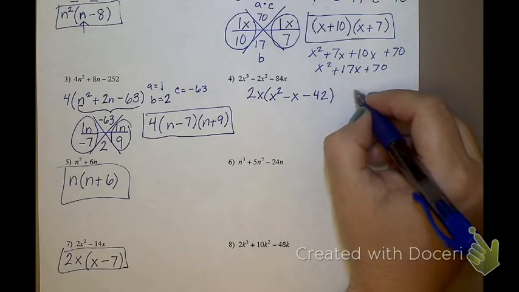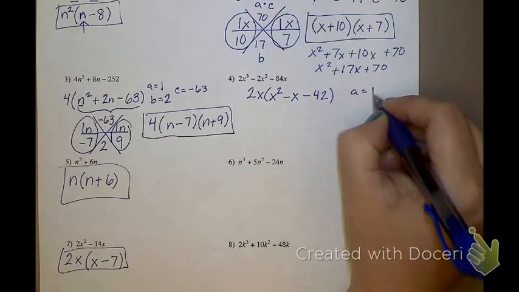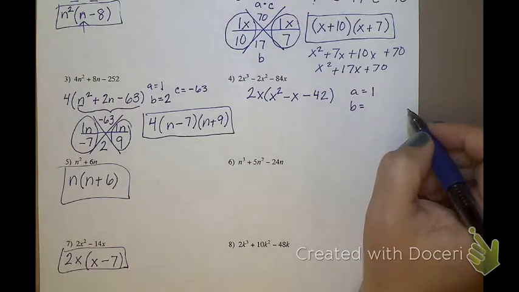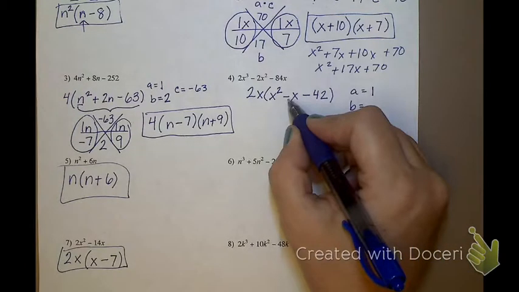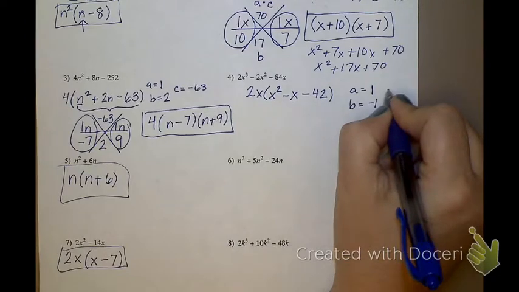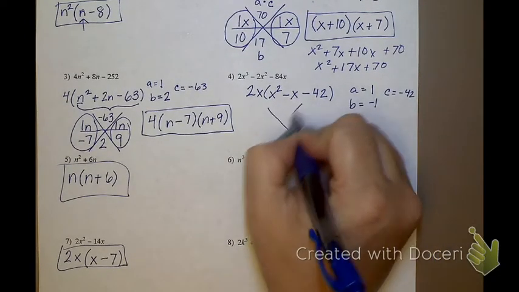Okay. What's my a value? 1. B. Today a is always 1. B is -1. And what is C? -42.